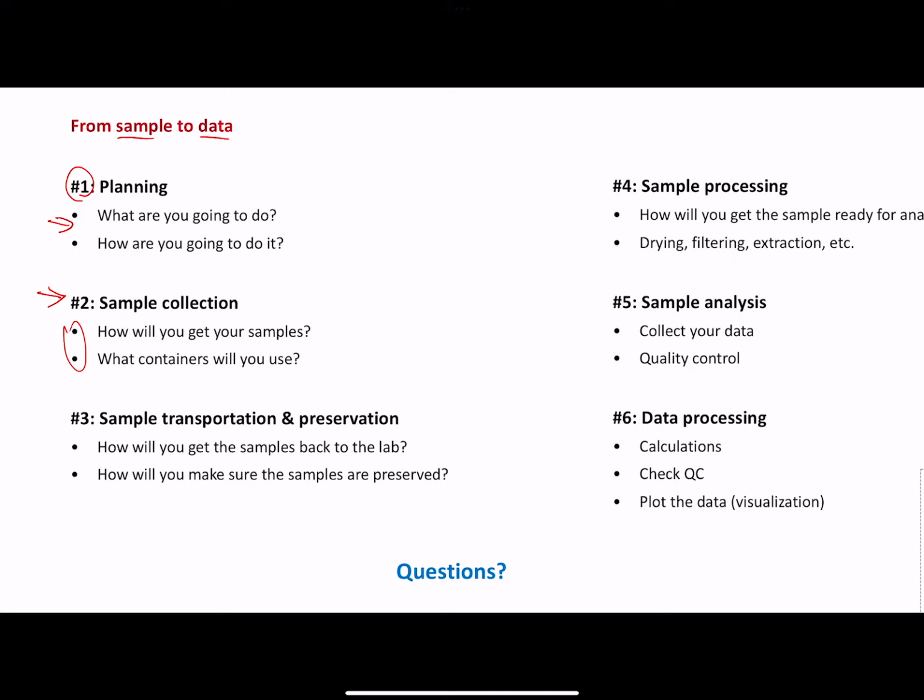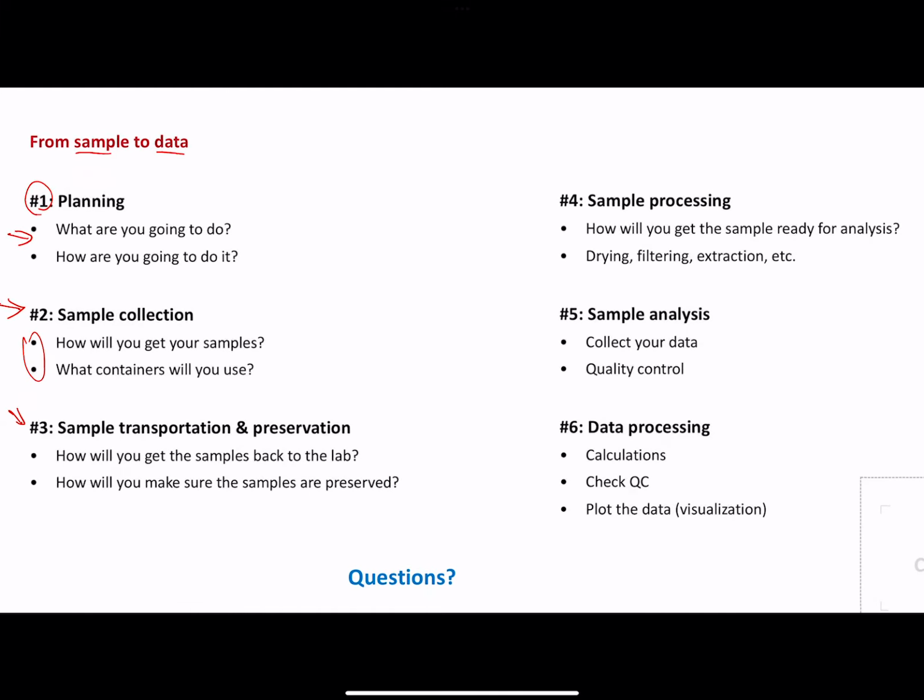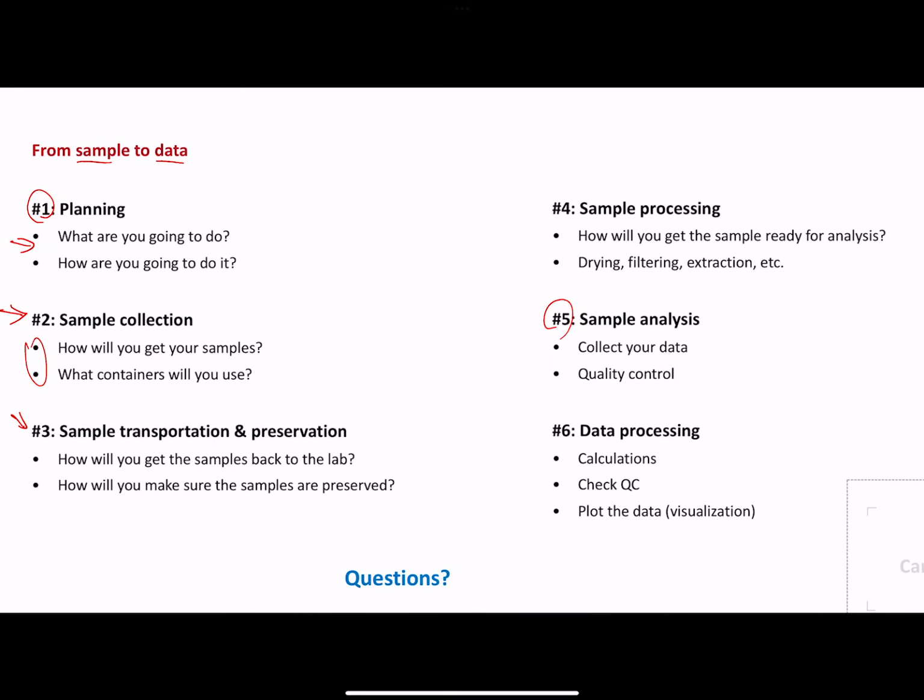And after we got the sample, sometimes we cannot directly analyze the sample on the site. So we need to transport or preserve the sample until it is in the lab and readily available to be analyzed. And then we can analyze the sample. But in most situations, the sample needs to be processed before analysis.